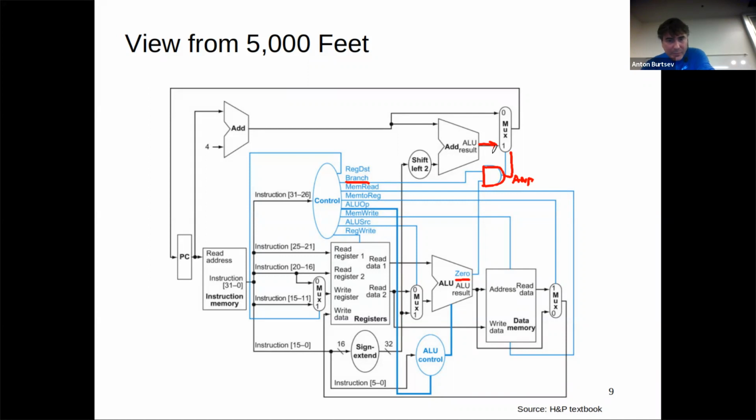This is the ALU operation, which chooses what kind of addition or subtraction you have to do with the ALU.